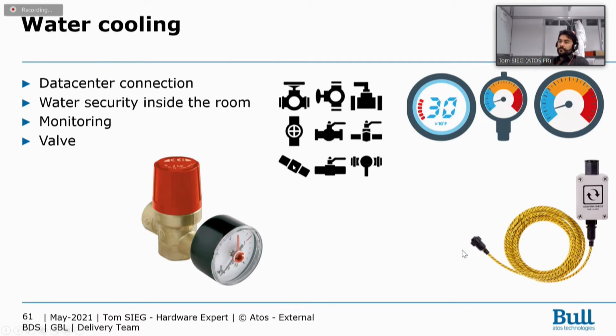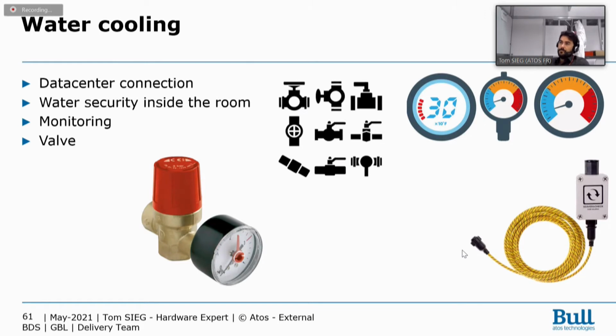The monitoring is also really important because, of course, you don't want your servers going into overheating states, but also to optimize your circuits. The main information you will need is pressure, water flow, and temperature.